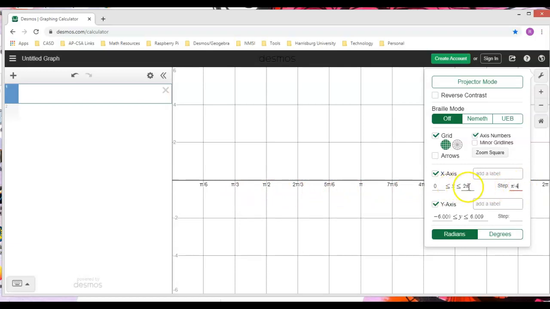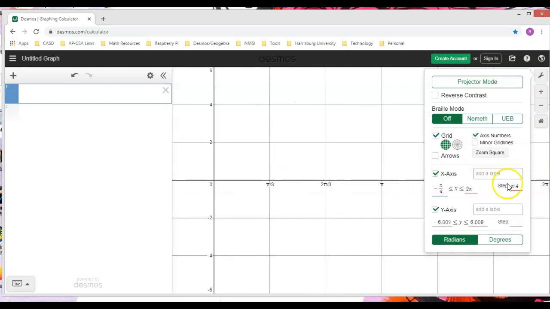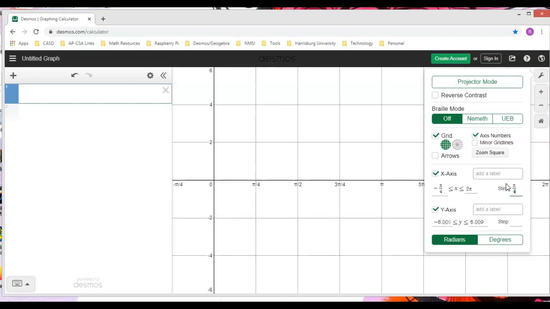There we go. Now I think I'm going to actually, instead of starting at 0, go back a little bit here to negative pi over 4, and make this increment be pi over 4, and there we go.